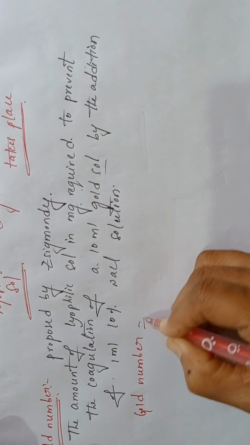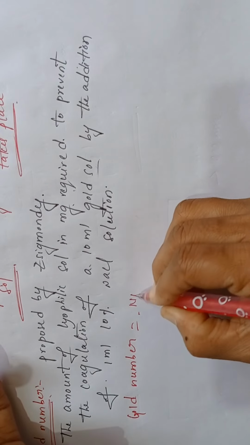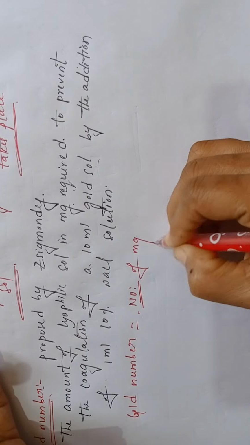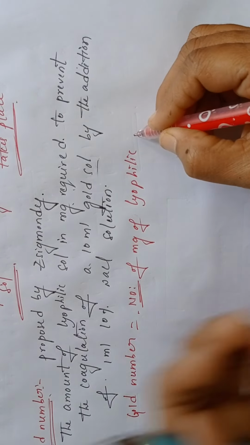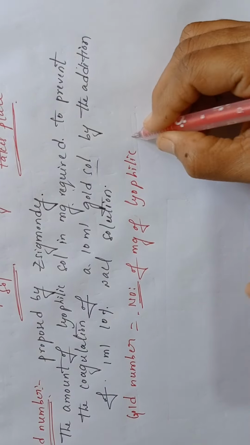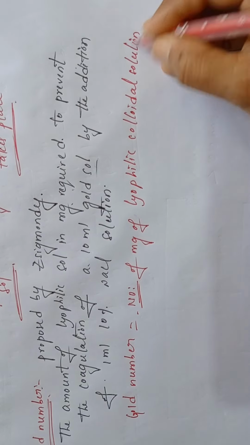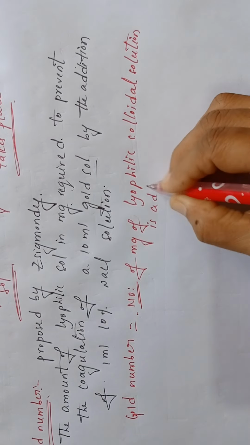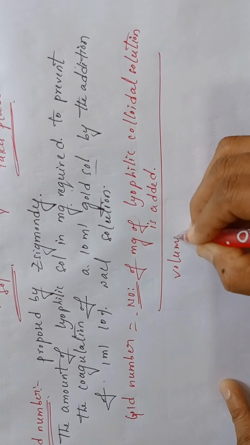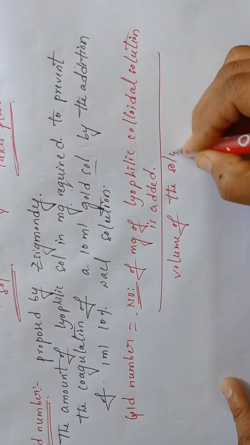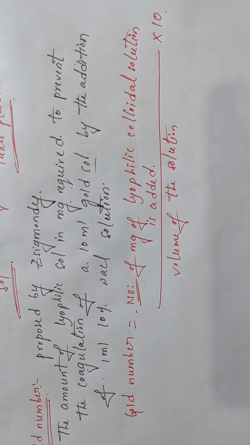Gold number is equal to the number of milligrams of lyophilic colloidal solution added, divided by the volume of the solution, into 10. So this is the gold number formula, students.